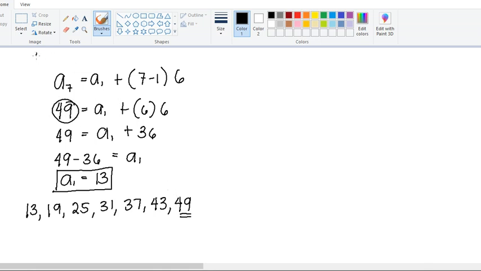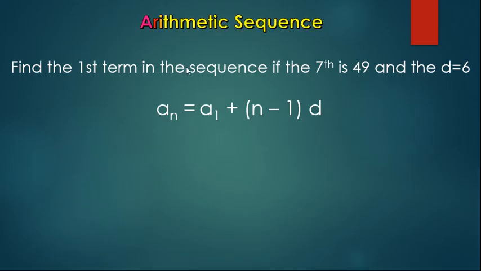So again, this is for arithmetic sequence. So, ayan po kung paano natin mahahanap yung first term given yung problem.